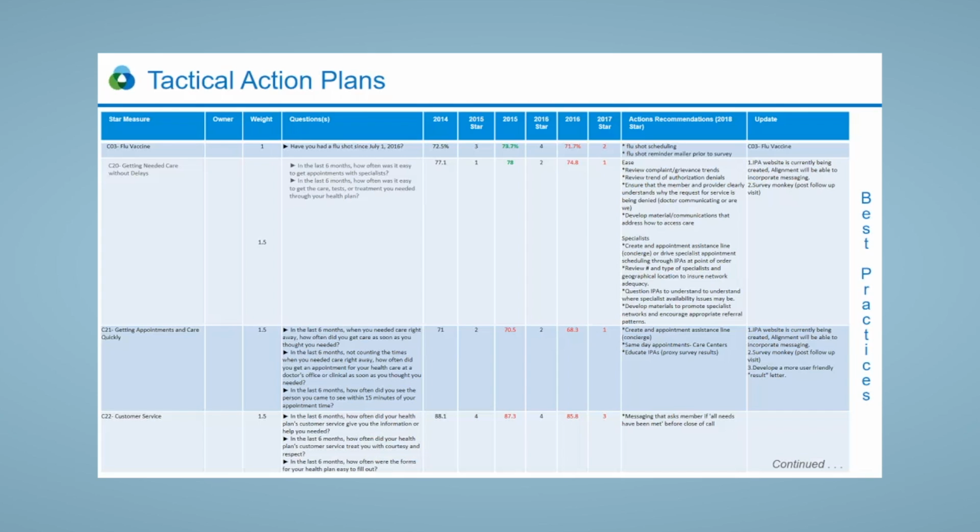What we did when we went out and talked with each of these groups and presented the results to them during the roadshow is we also developed tactical action plans. So we created work plans associated with each of the specific measures, explaining to them what the measure questions were, what year-over-year results were, and where they were currently at.